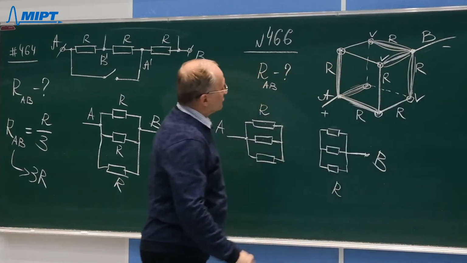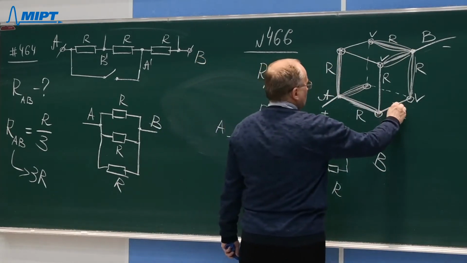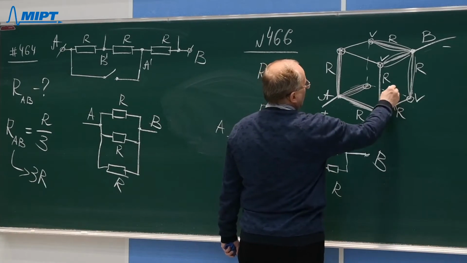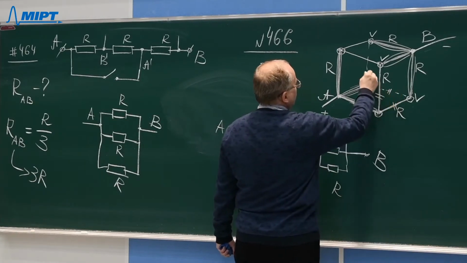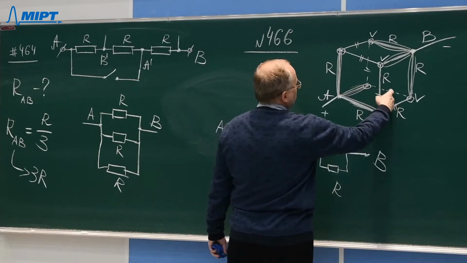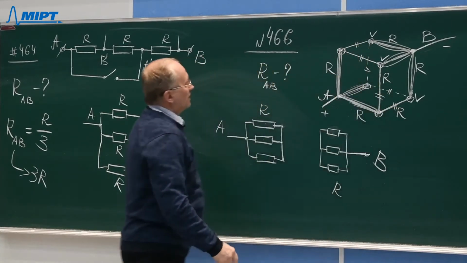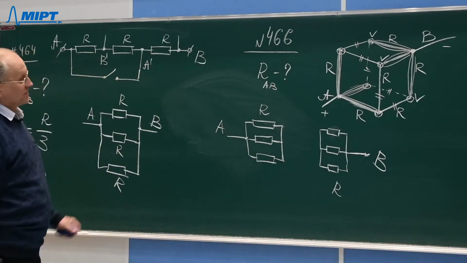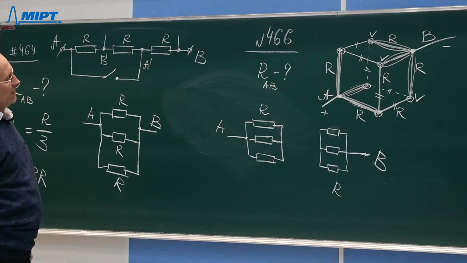And so what remains here, this one and that one and this one and another one and this one and this one. So how many? 1, 2, 3, 4, 5, 6. Another 6 edges of the cube are here.